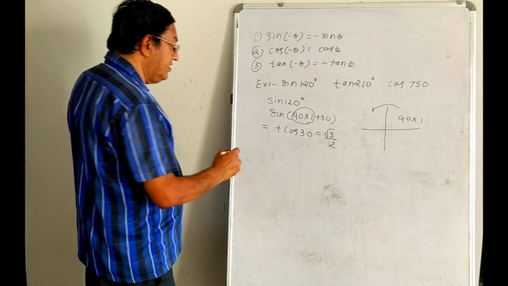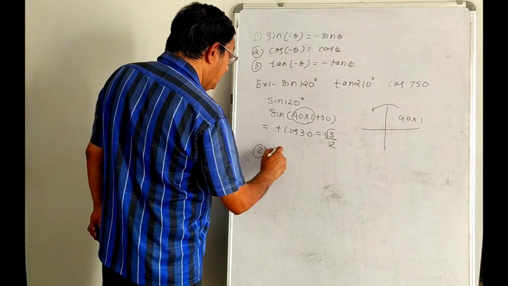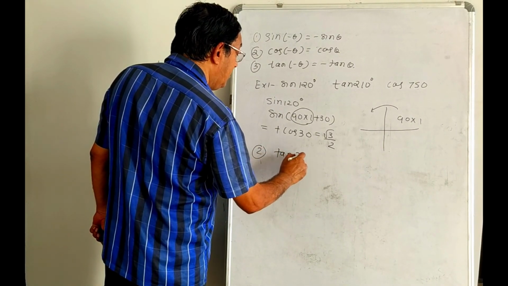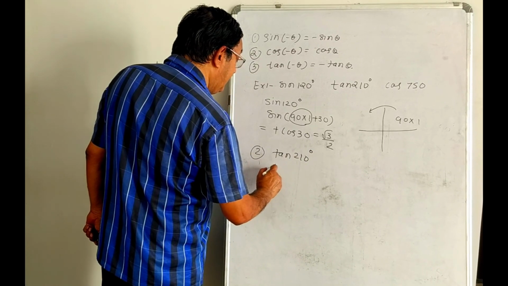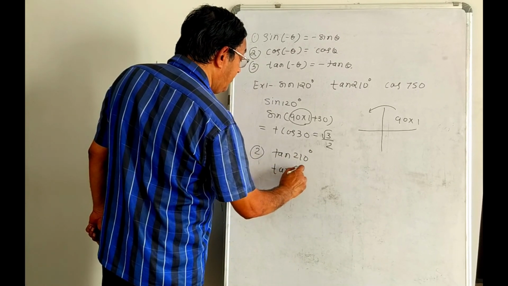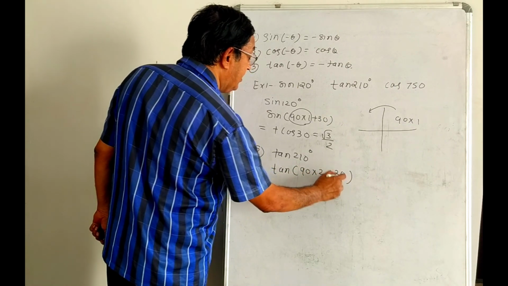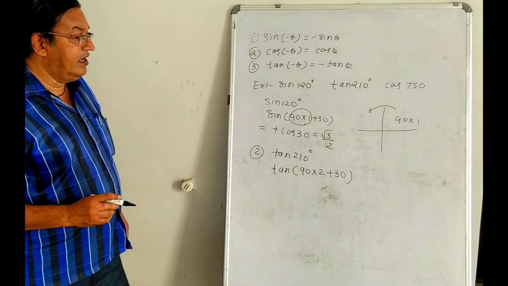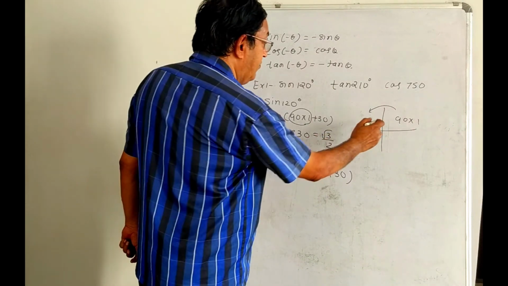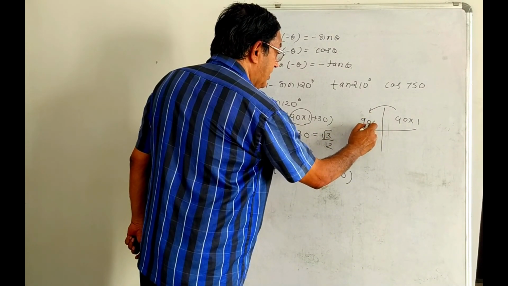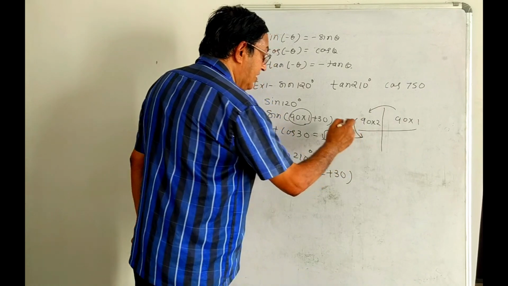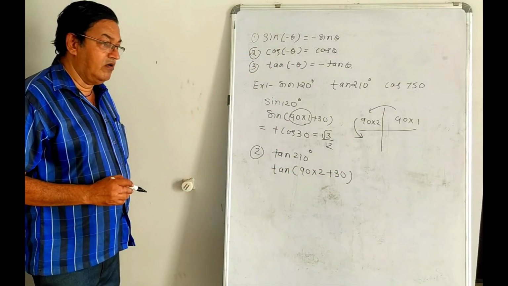Next one is tan of 210. Tan of 210 we can write as tan of 90 into 2, that is 180, plus 30. Now 90 into 2 where does it come? 90 into 1, 90 into 2, it comes to second quadrant, plus 30, it goes to third quadrant.